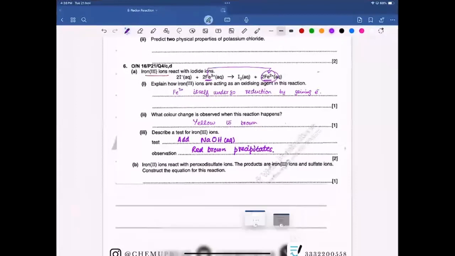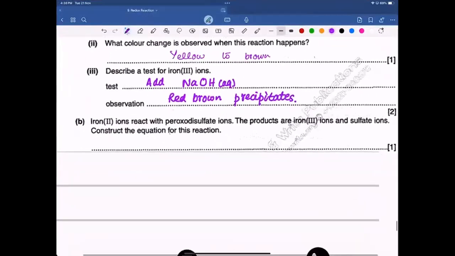Okay, just try this equation. How are you going to make this equation?